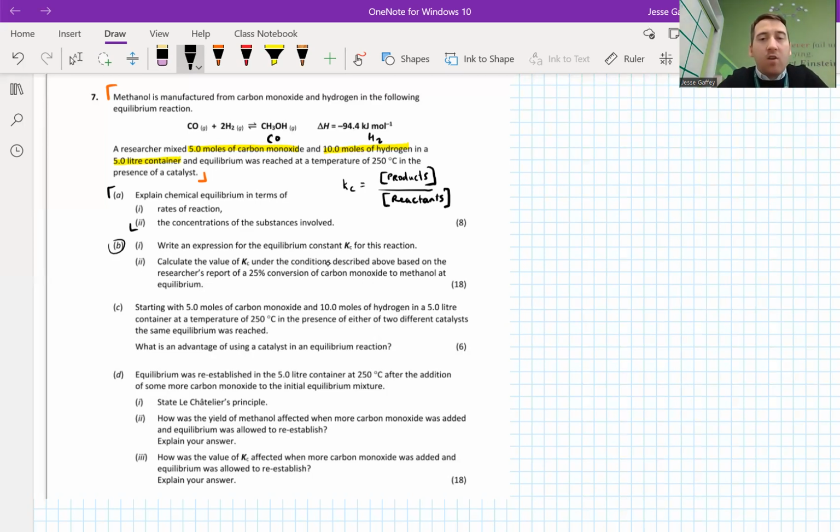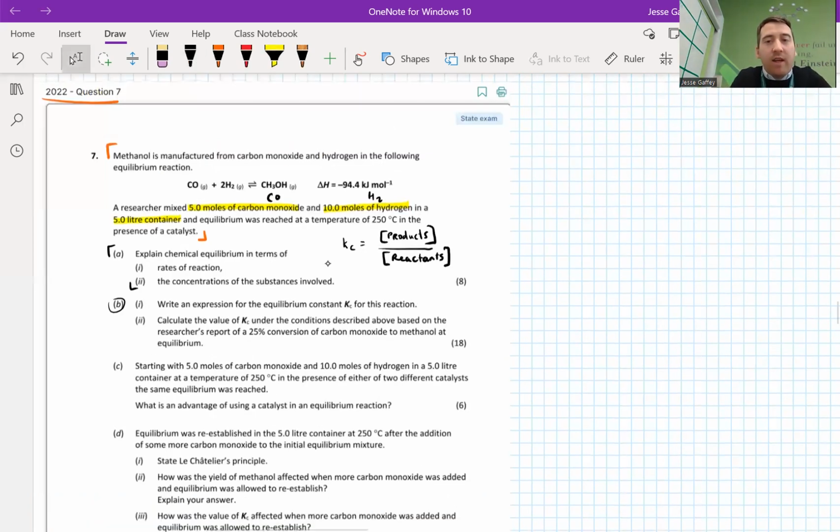Okay, right. So let's have a look at what we should actually write here. We should write Kc equals, so our expression here, we're going to take the products. There was only one product, CH3OH. So square brackets CH3OH on the top. There's no power because there's no coefficient, no number in front of it.